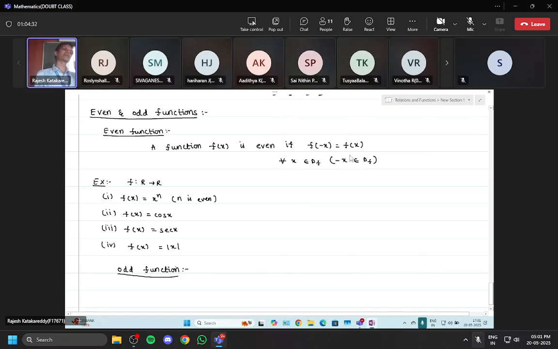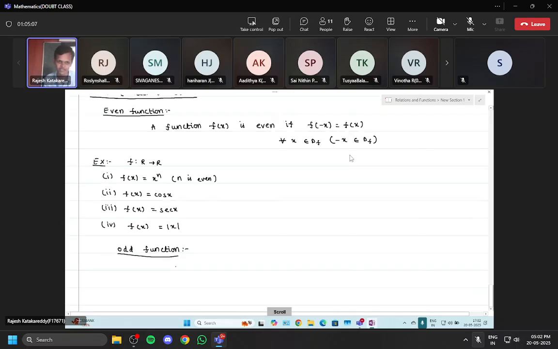Product between two matrices is defined only if the number of columns of the first matrix is equal to the number of rows of the second matrix. Here, composition between two functions is defined if the range of the first function is a subset of or equal to the domain of the second function. Inverse also, inverse of a matrix you can compare. Even and odd you can correlate with symmetric and skew symmetric matrices, right?